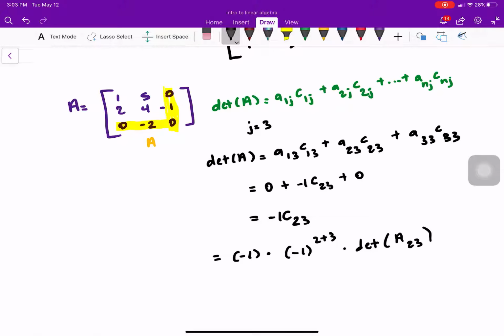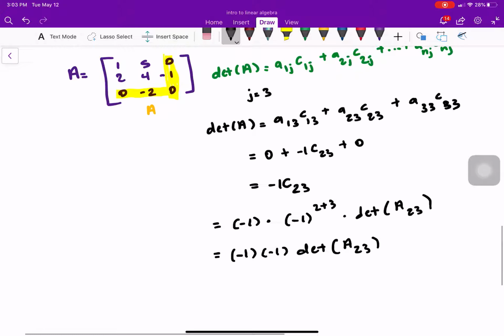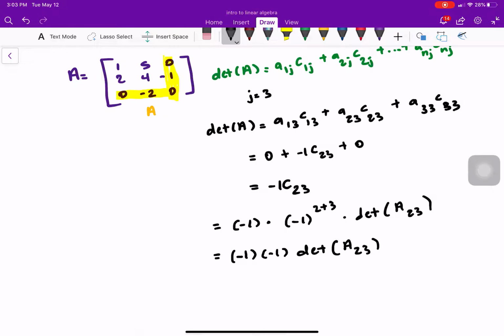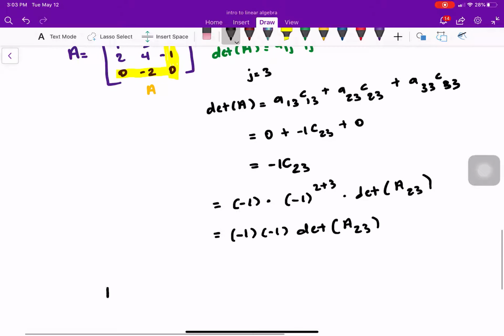All right, so let's evaluate some of these constants. Remember what I said, negative 1 to any odd power is going to equal negative 1. So here we have negative 1 to the 5th power, which is negative 1. Then we're going to get the determinant of A23. Now, what in the world is the determinant of A23? Remember what I said earlier.